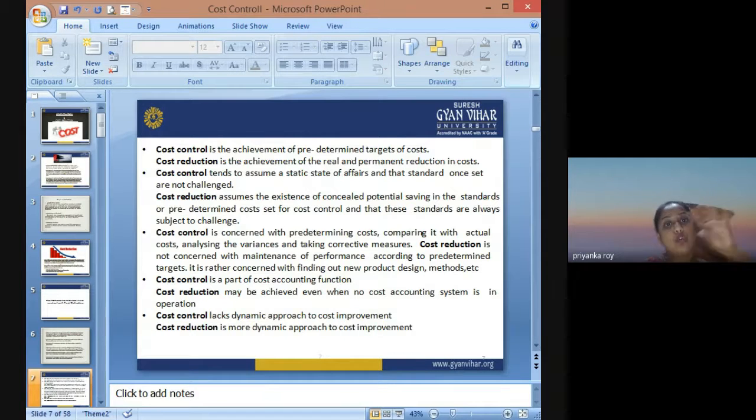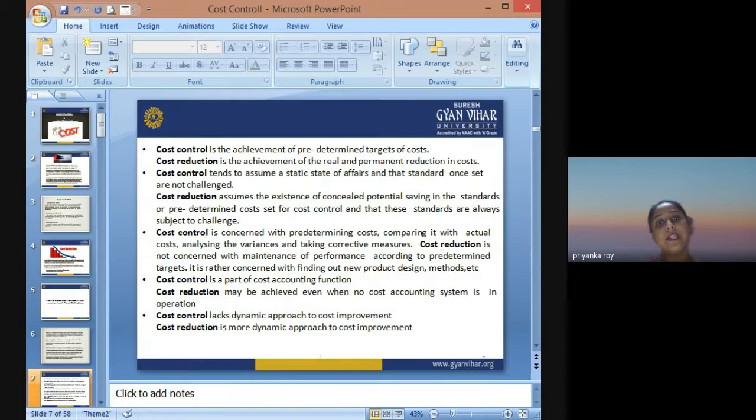Cost control tends to assume a static state of affairs, where the set standard is not challenged, whereas cost reduction assumes the existence of concealed potential savings in the standard of predetermined cost set for cost control, and these standards are always subjected to challenges.